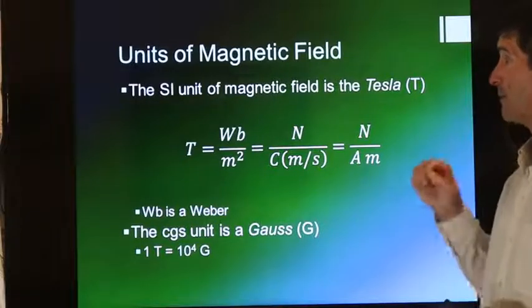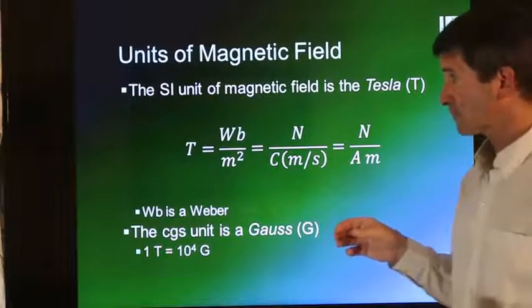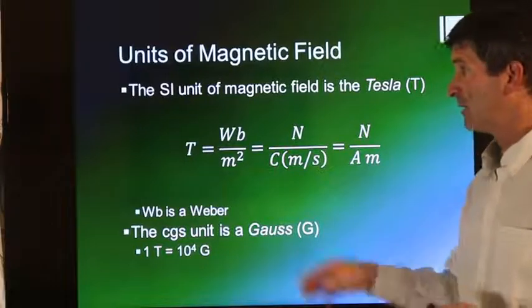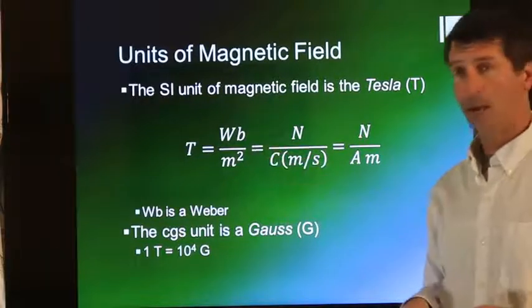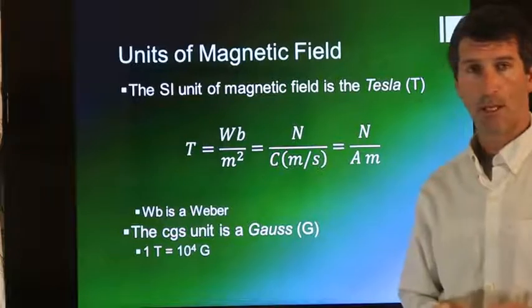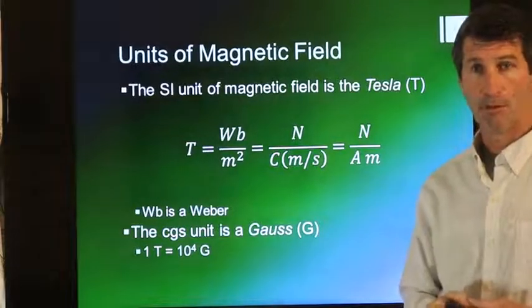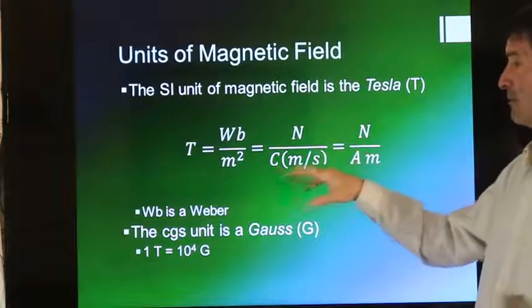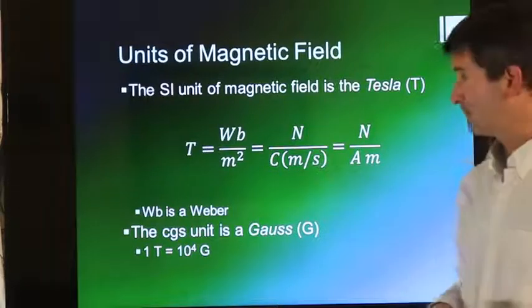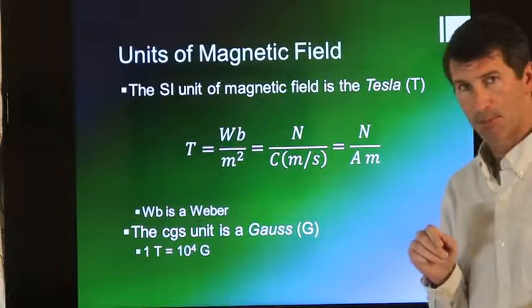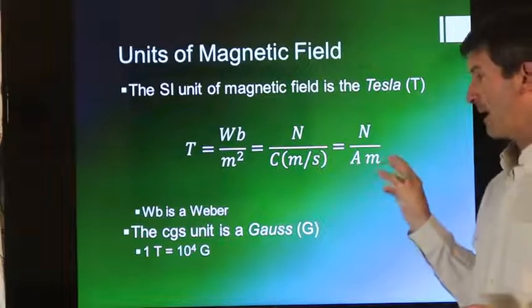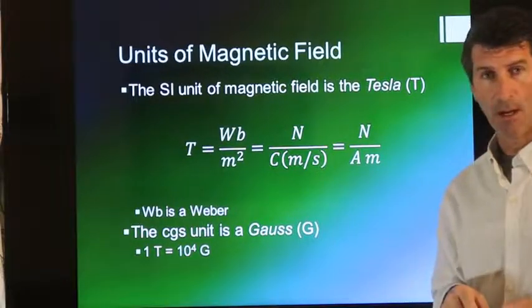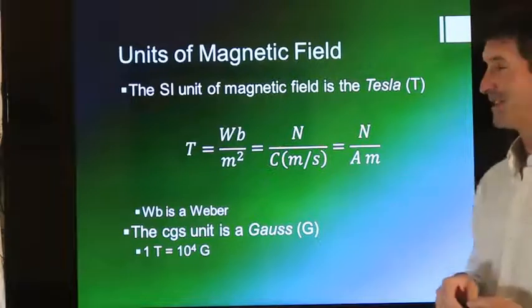The units for a magnetic field are measured in flux per unit area. Webers are a unit of magnetic flux, or newtons per coulomb times meters per second. It can also be expressed as newtons per amp meters.